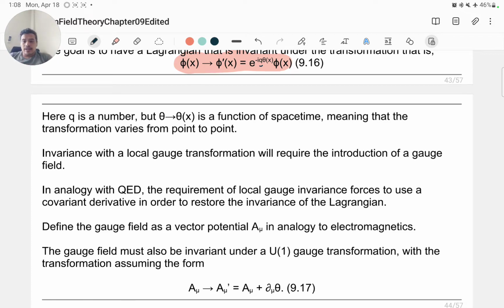So we define a gauge field, a vector potential, A mu, and this A mu transforms this way.